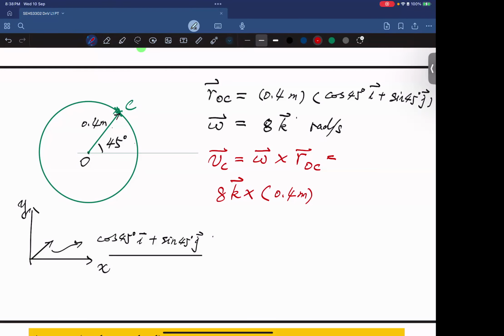We put the unit at last. Okay, 0.4 and cosine 45 degree I plus sine 45 degree J.